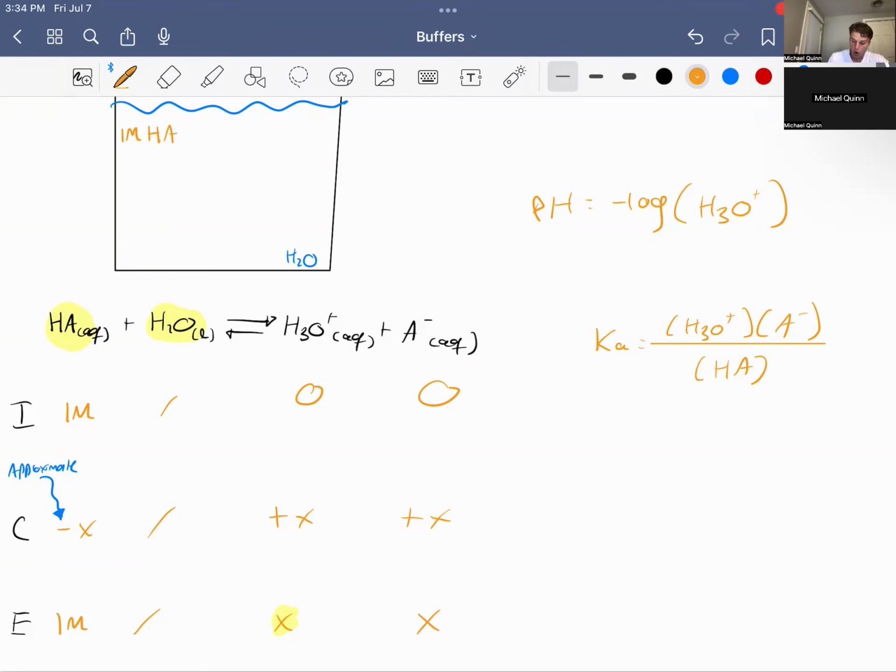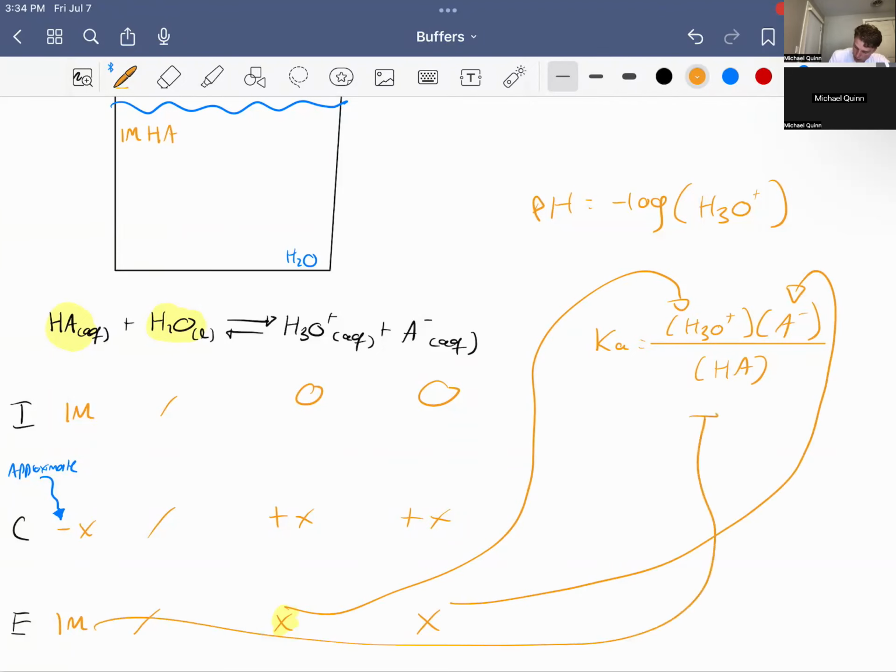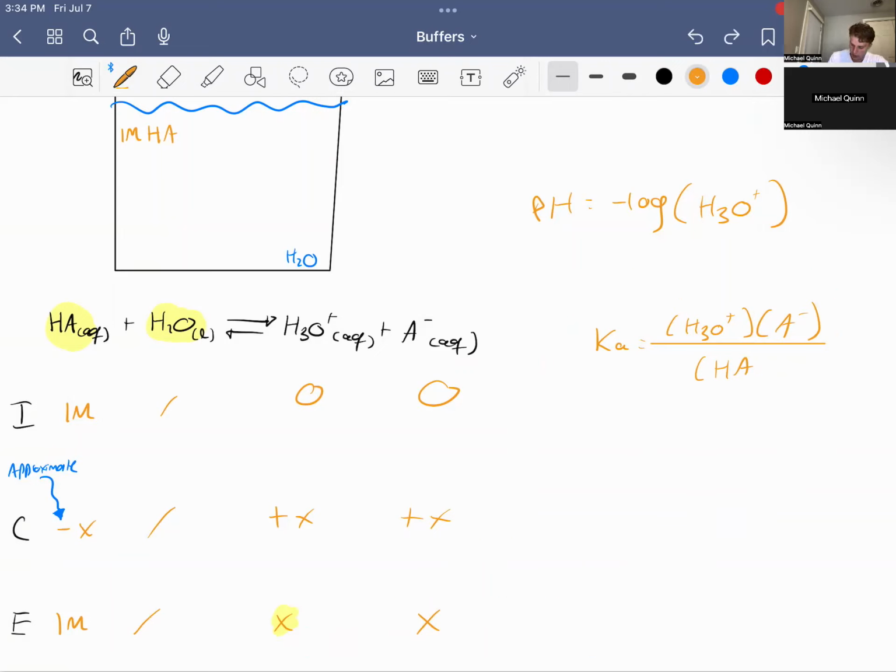So if we know Ka and we substitute in X and 1 molar into this expression, we can see that we're going to be left with Ka equals X times X over 1 molar. So all we would need to do is know Ka, and we could solve for X and take the negative log of that, and we would have our pH.